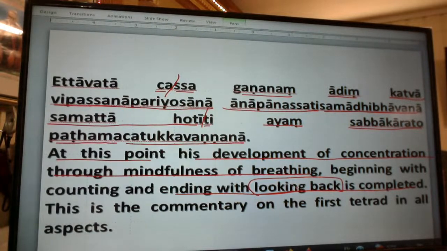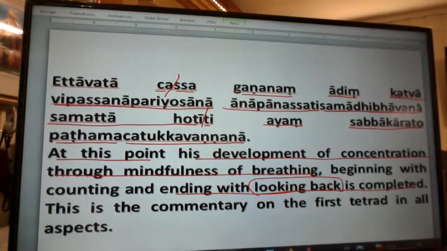Vipassana Pariyosana is ending with Vipassana. Starting with samatha, the counting method, and then at the end Vipassana. Combining samatha meditation and Vipassana meditation. That is the meaning. Okay, so completed.